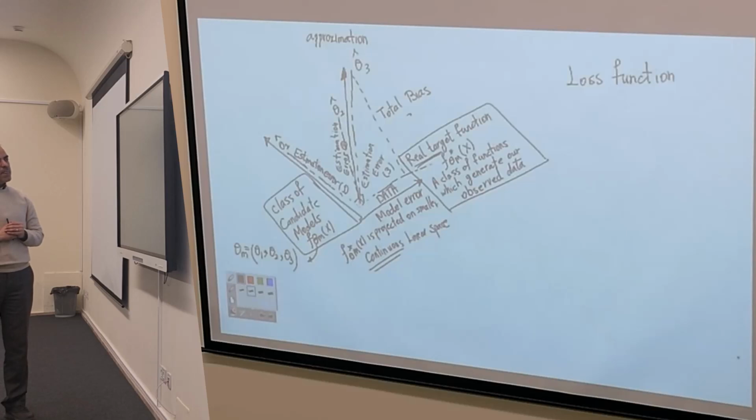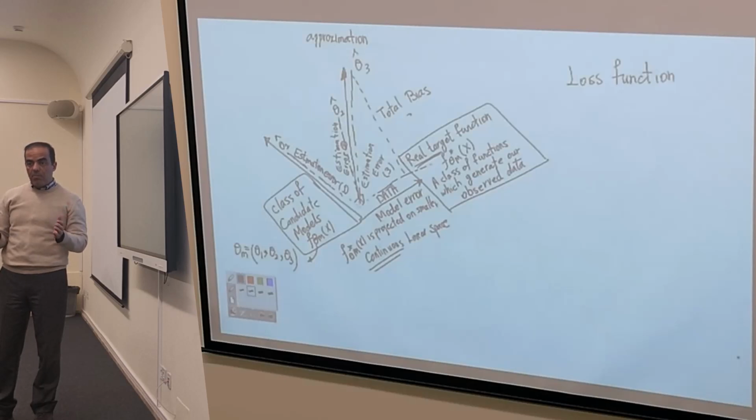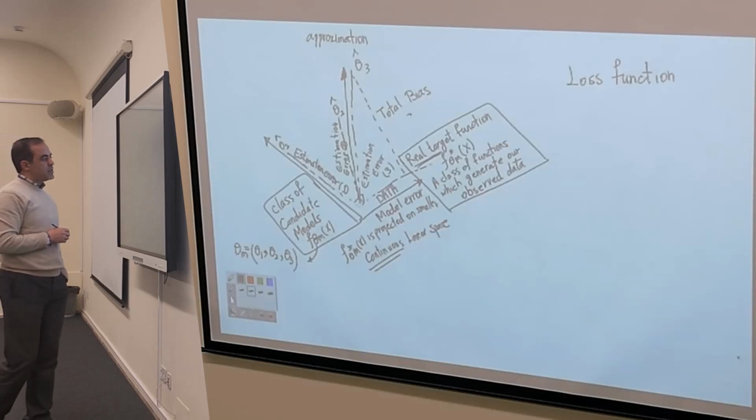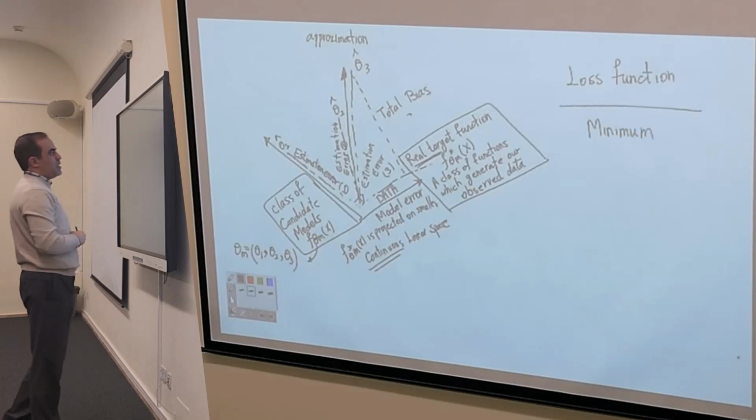This loss function is important for us to be minimum for the model that we want to use, right? So finding the minimum of this loss function is important to make the model error minimum and find the best possible model for our problem. So what we can say about this loss function, something that is important, is calculating the minimum.